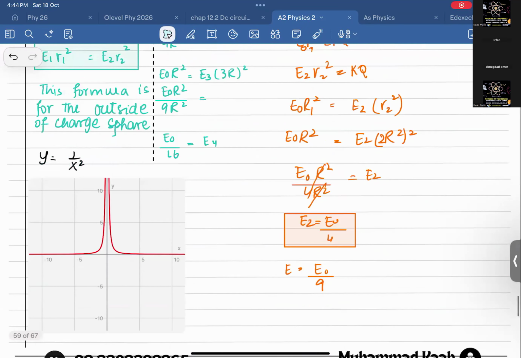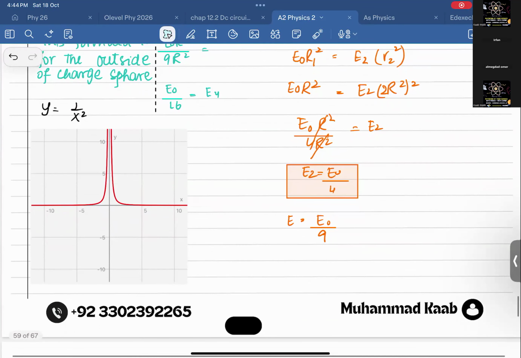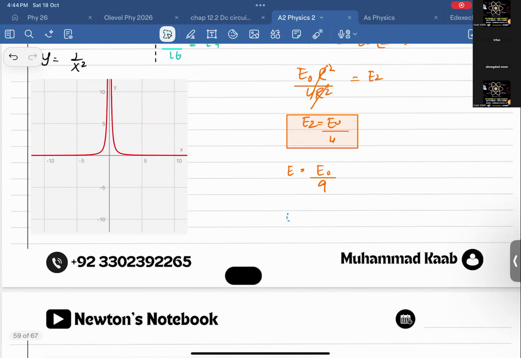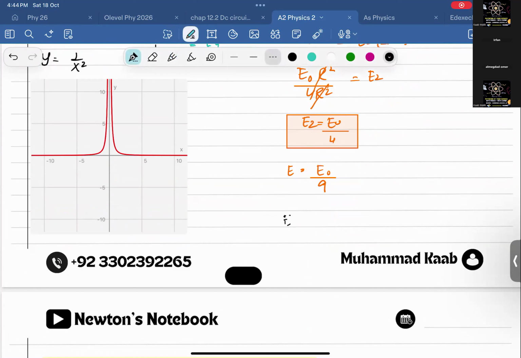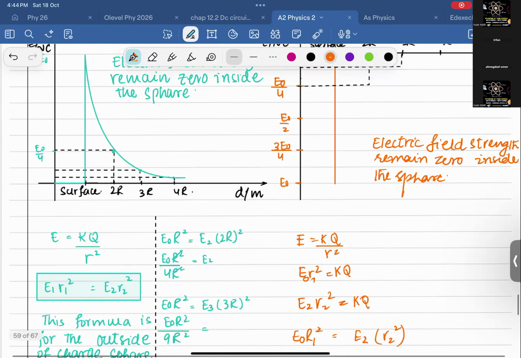And for the fourth point, you'll again have to do the similar working, and you'll end up getting the fourth value of R as E is equal to E naught by 16. Okay, is that clear? And E naught by 16 means 1 over 16 is basically right here.